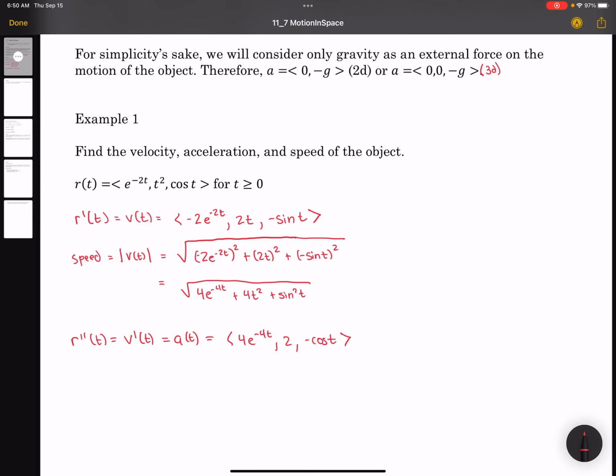And so that's our velocity, speed, and acceleration. Very straightforward, just finding a second derivative or first derivative and its magnitude. Things like the chain rule, quotient rule, and product rule would apply if we had components that required those kinds of derivatives.